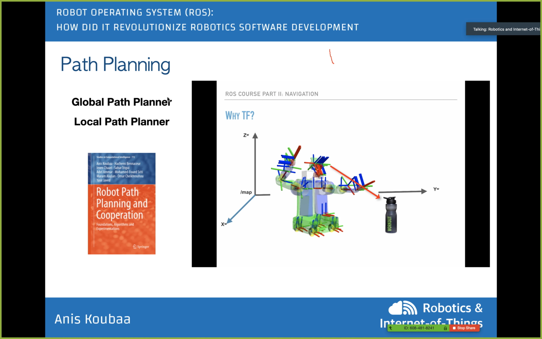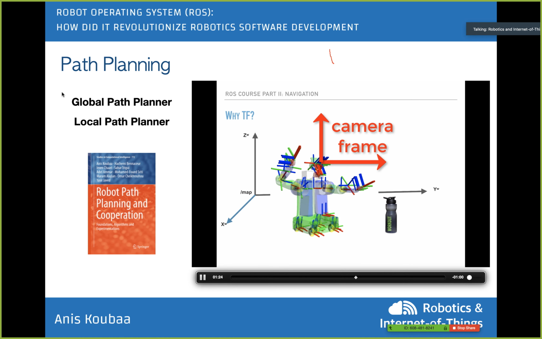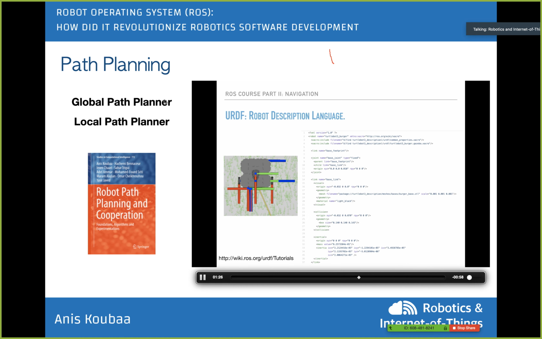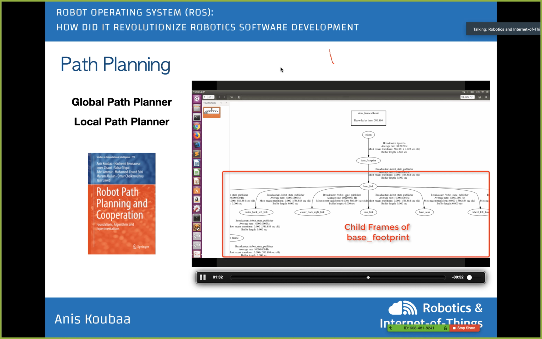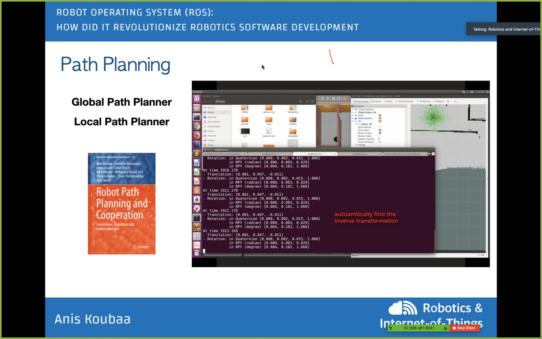Okay, so something to know is that ROS provides two types of path planners. We have the global path planner, which is responsible for providing the path from the initial location to the target location. So it's going to run a path planning algorithm like, for example, A* or Dijkstra.